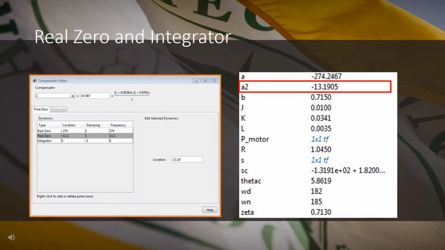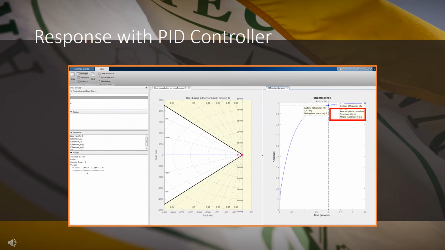Implementing the integrator and a second real zero helps bring us to our goal. This achieves the peak amplitude goals.